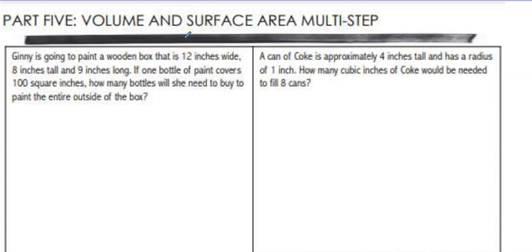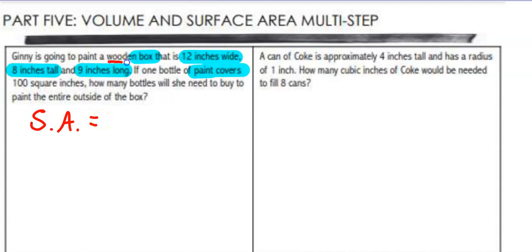So let's think about it. Let's look first at the dimensions. We know that it's a box, so it's a rectangular prism. It's 12 inches wide, 8 inches tall, 9 inches long. We are using paint, and the paint is covering. So because it's covering, we know this is going to be a surface area problem.